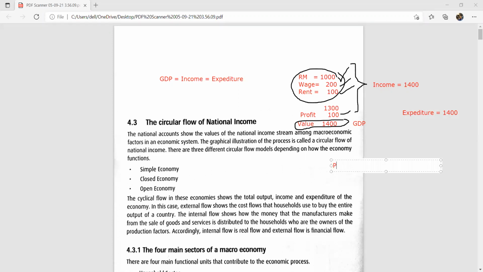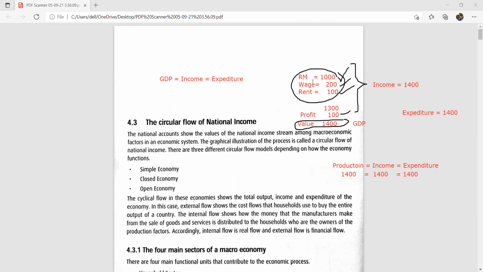So what do we understand? Production equals income equals expenditure. Production is 1400. Income is 1400. Expenditure is 1400. Now, such a situation should be discussed by using a technical analysis.